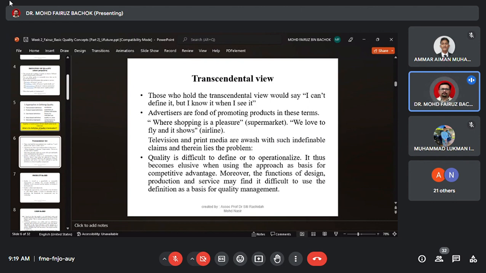Moreover, the function of design and function of survey may find it difficult to use for quality. Management can track the customer, but the customers don't know the quality until they try it. It takes time for them to understand. But this is the popular product approach.